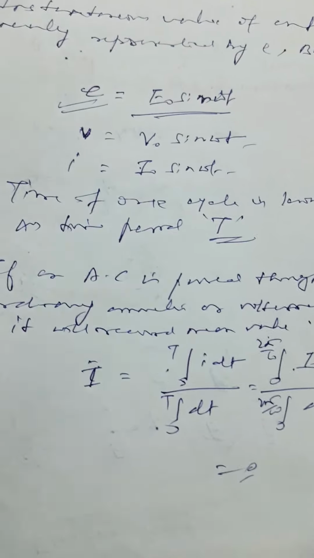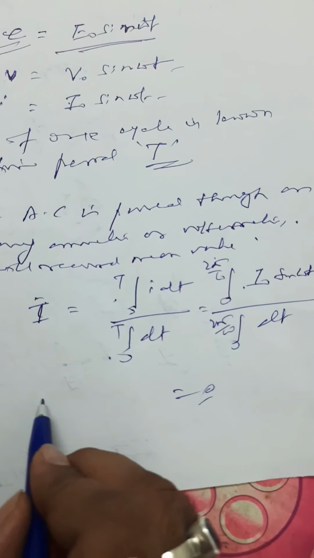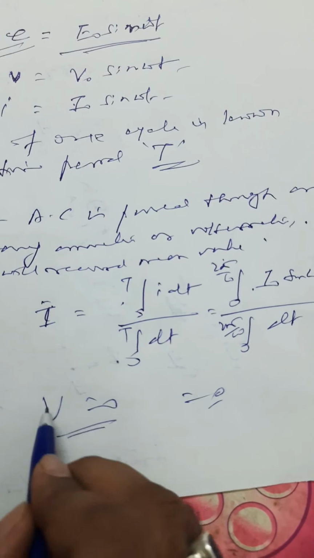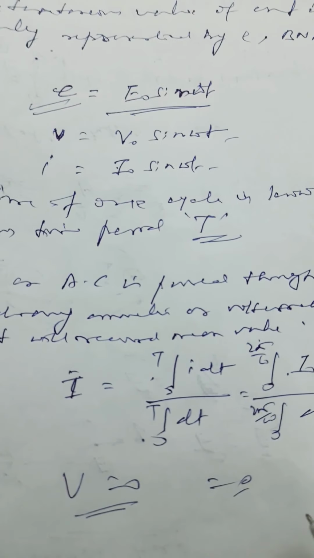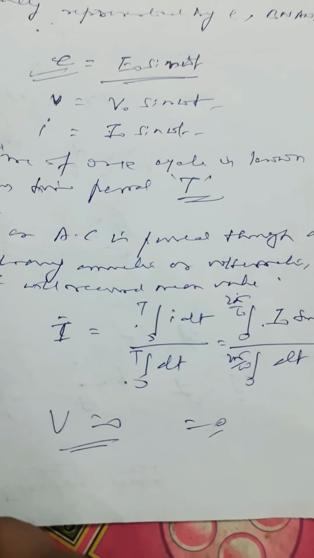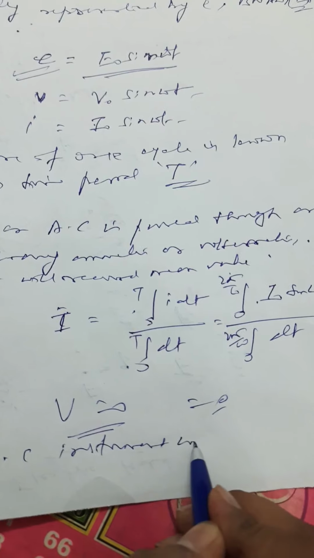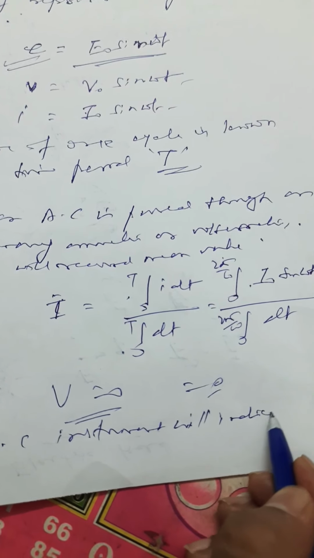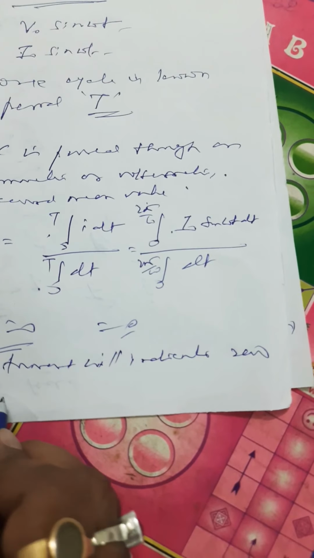So the average value of the EMF for the whole cycle, similarly the average value of the current for the whole cycle, will also be equal to 0. Since these averages for the whole cycle are 0, hence DC instruments will indicate zero deflection.